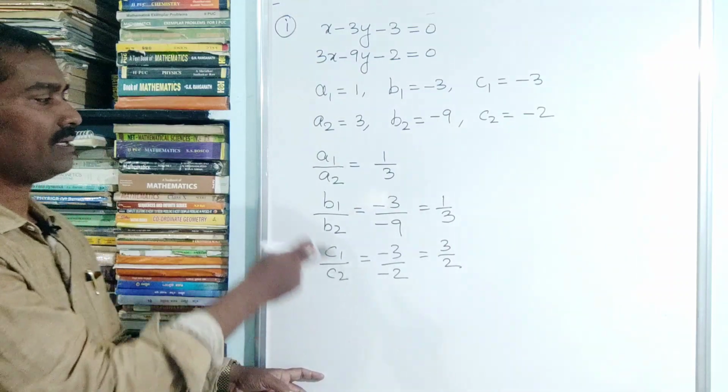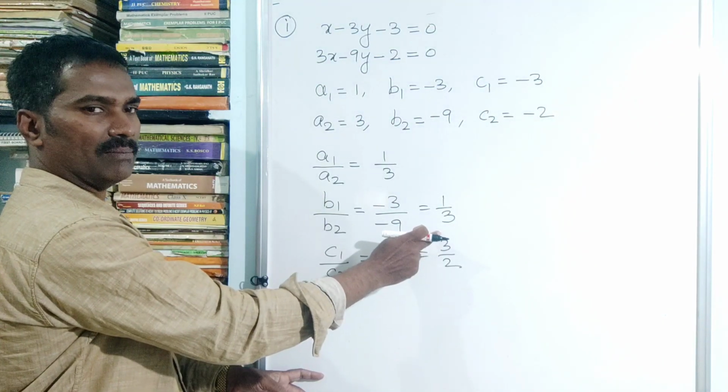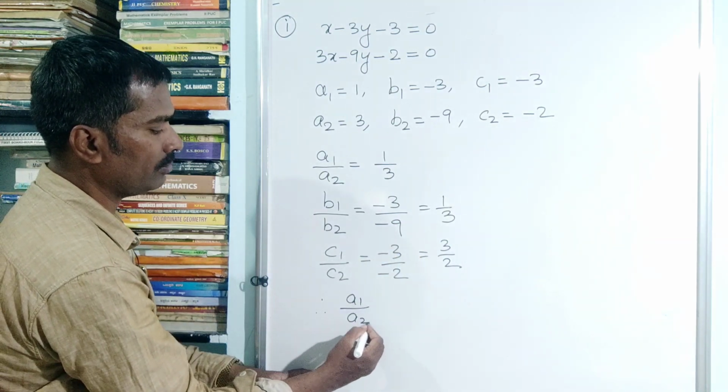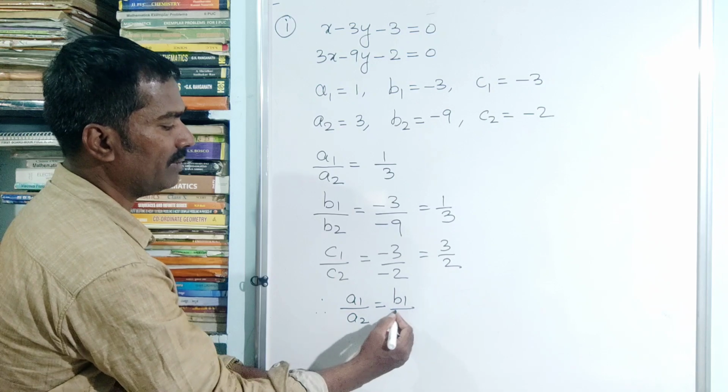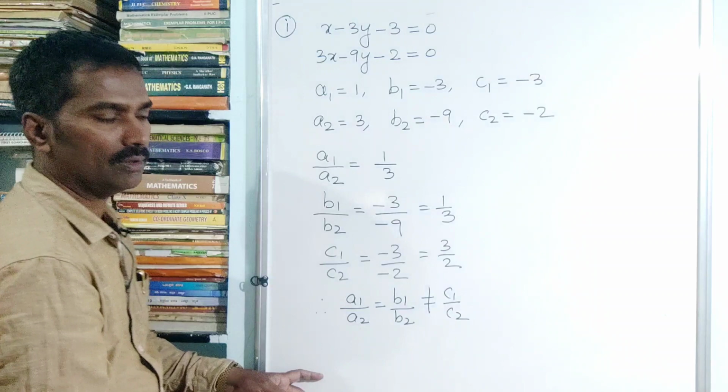From this we observe that a1 by a2 and b1 by b2 are the same answers, 1 by 3 and 1 by 3. Therefore, a1 by a2 is equal to b1 by b2 is not equal to c1 by c2.